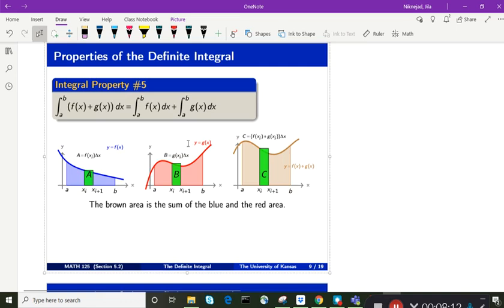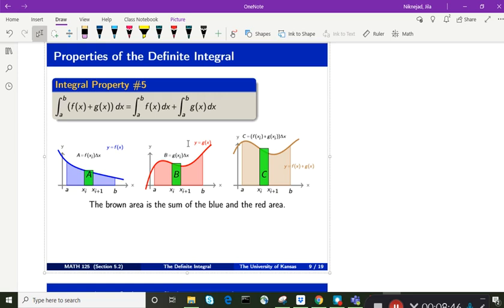This comes from the fact that both f of x and g of x are being integrated over the same interval, and the sum of them is integrated over the same interval as well.